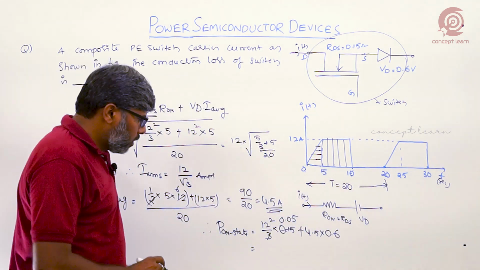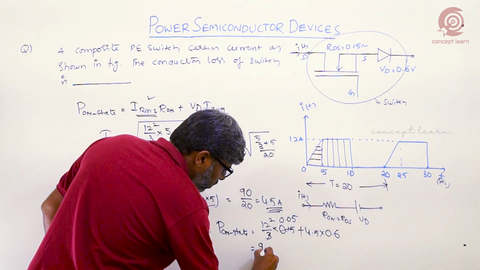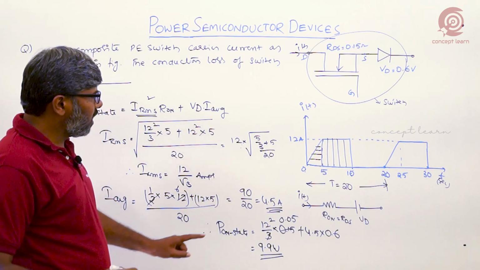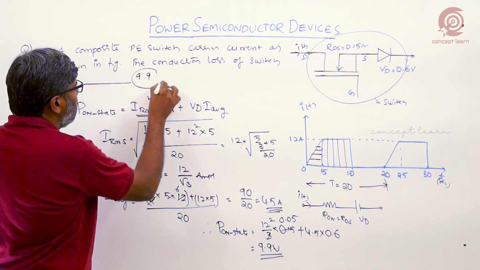Now the on-state conduction loss of this composite switch is a total of 9.9 watts. So this is the answer to the question. The on-state power loss is 9.9 watts.